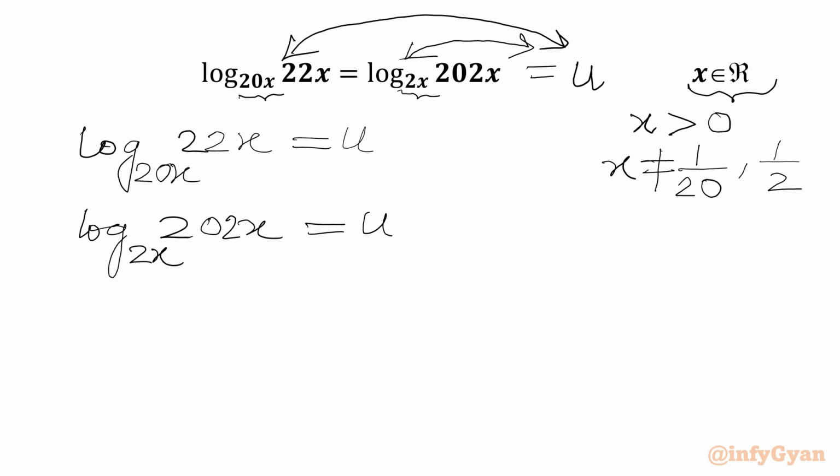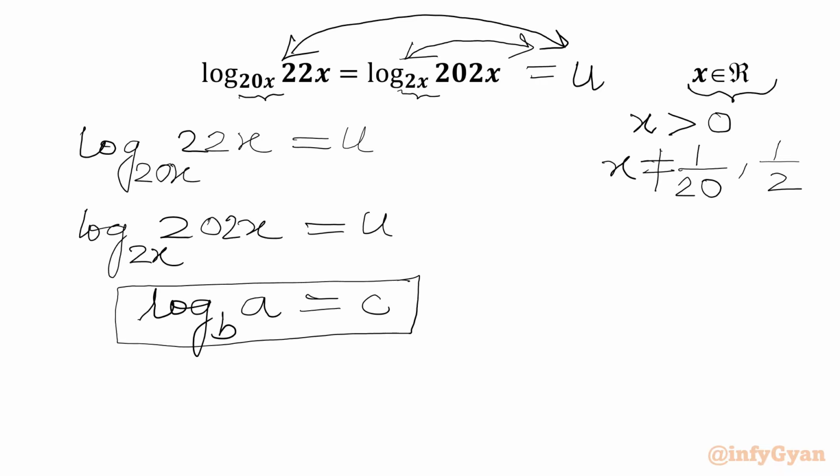Now we are going to use log form into exponential form conversion. If we have log a with base b equal to c, which is in log form, and we want to convert into exponential form, we can write a will be equal to b power c.